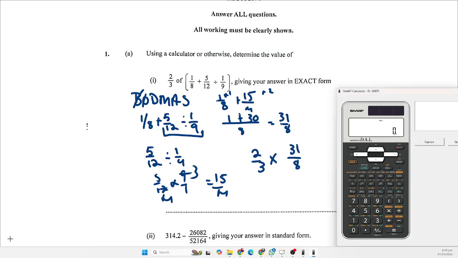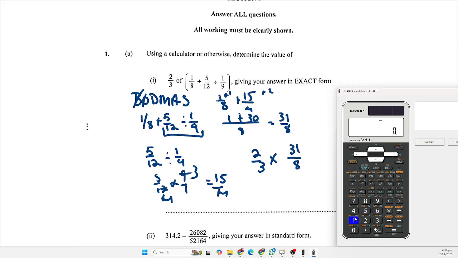Let's say the division: 5 over 12 divided by 1 over 9. Sorry, the calculator is supposed to have 1 over 9, not 1 over 4. So this is 15 over 4, which is 3 and 3/4. So you know this is correct.